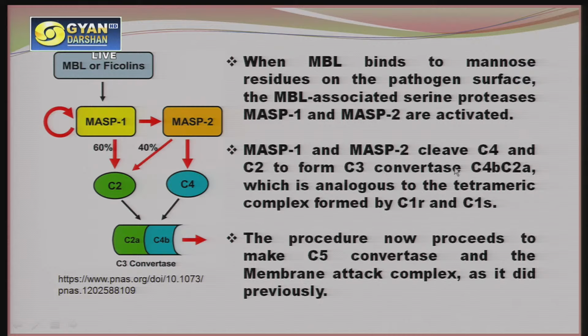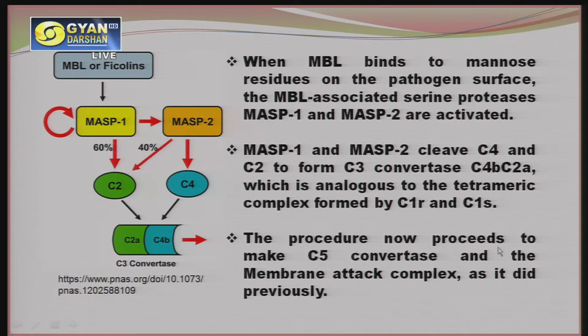They are able to cleave C4 and C2 to form C3 convertase, C4b2a, which is analogous to the tetrameric complex formed by C1r and C1s.